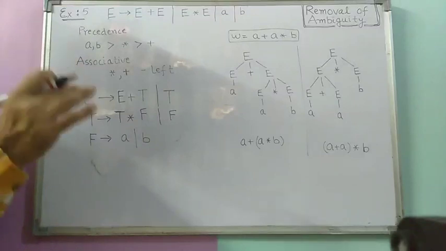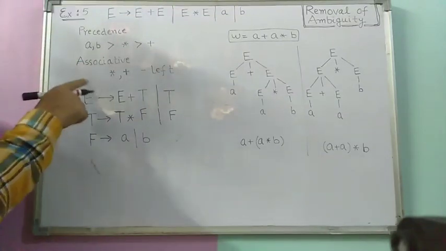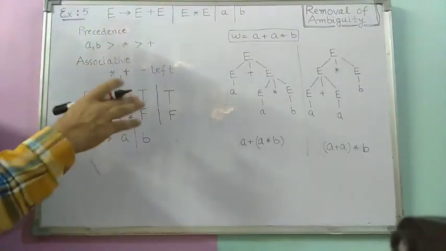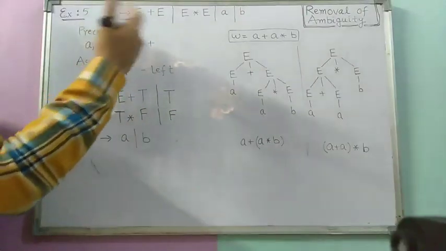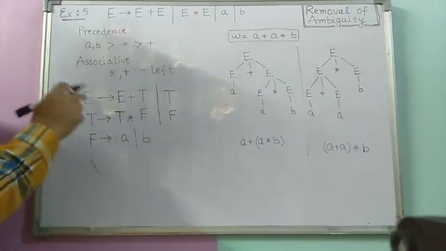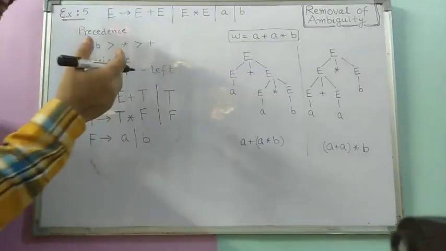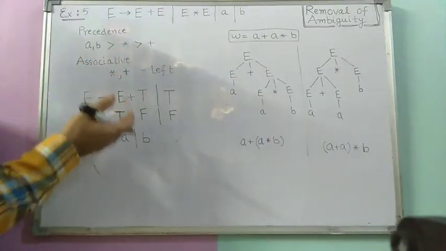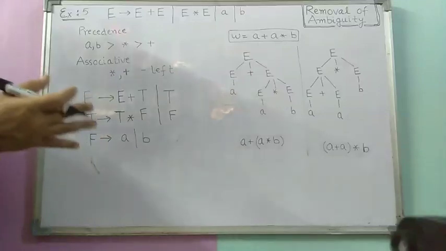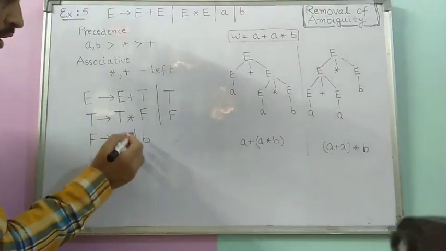The lowest precedence operator should be generated from the start symbol, and the next precedence operator should be generated from the next level variable, and this hierarchy will go on.